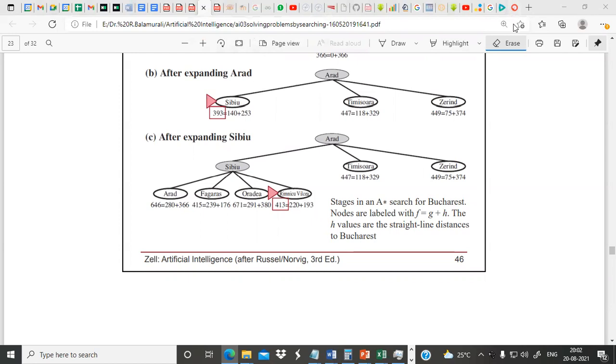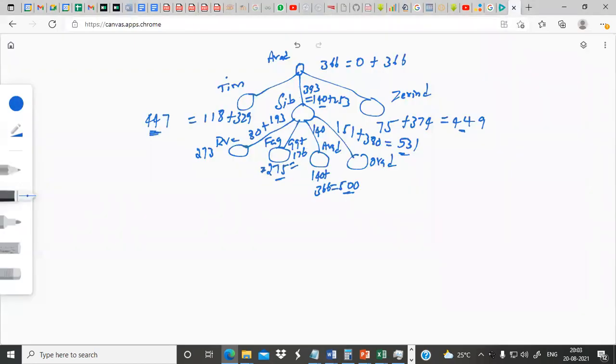That should be added because we cannot ignore it, because we are reaching here via this path only. This is the actual cost of reaching from the initial state to the current state. It is not only from the previous state to the current state.